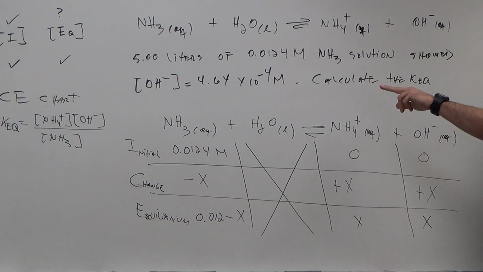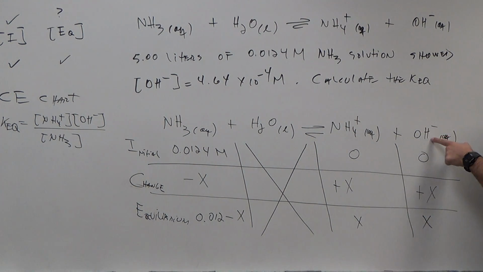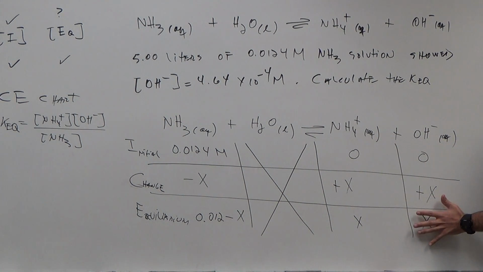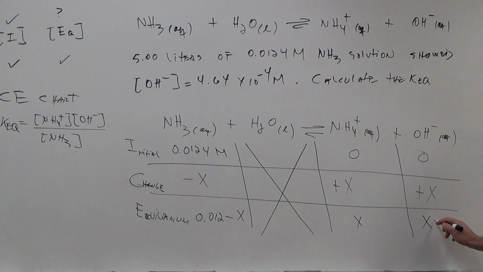I gave you the concentration of OH minus. Here's OH minus. Here's the equilibrium for that. Whatever is here, is that clear? Whatever is here is equal to that number. It just happens to be very simple. Yes or no? Yeah.